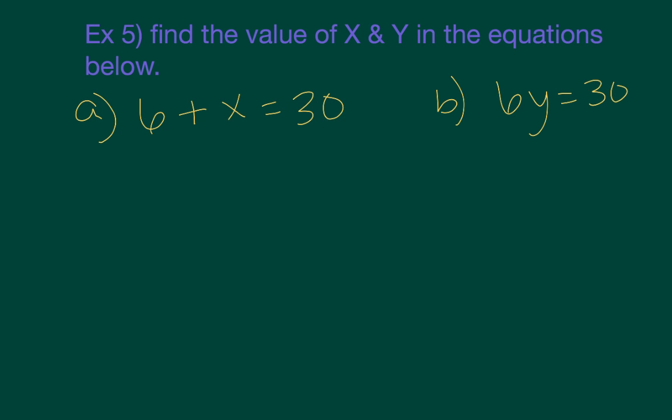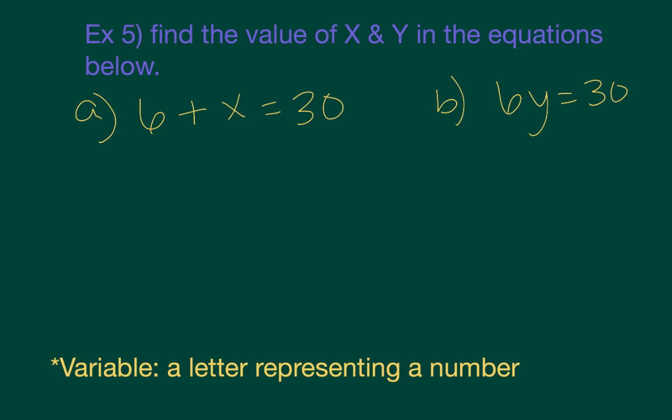In this next example, we're going to be finding the value of x and y in these equations. We have a and b. Let's take a look. 6 plus x equals 30. The x in this equation is called a variable. It's a letter representing a number, and that number is unknown.